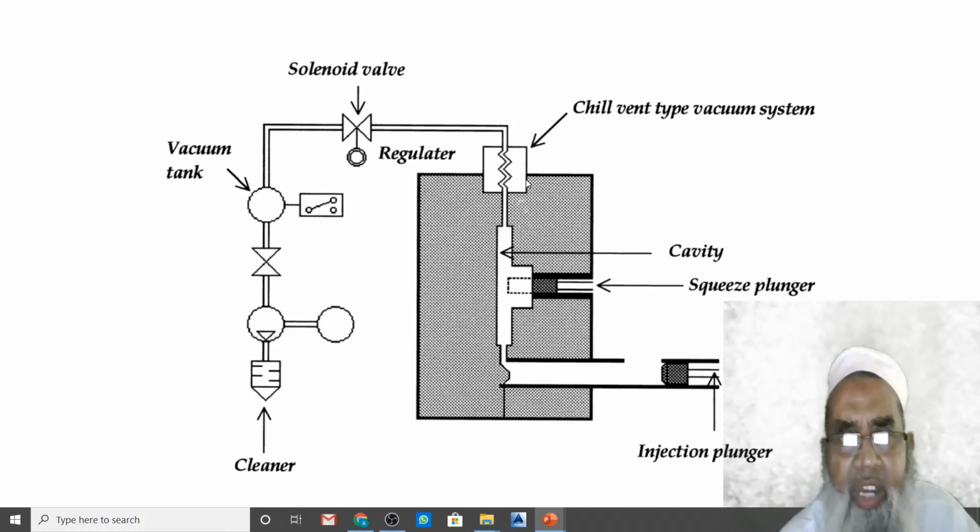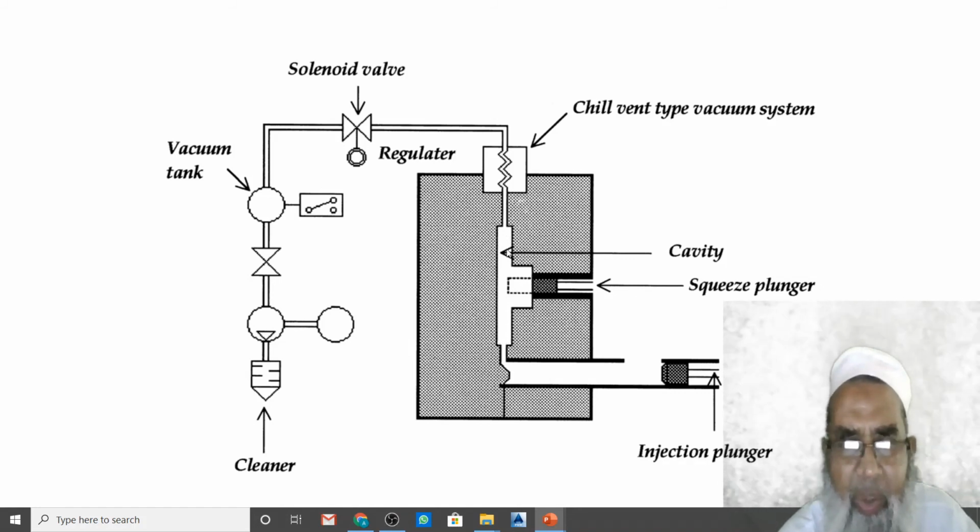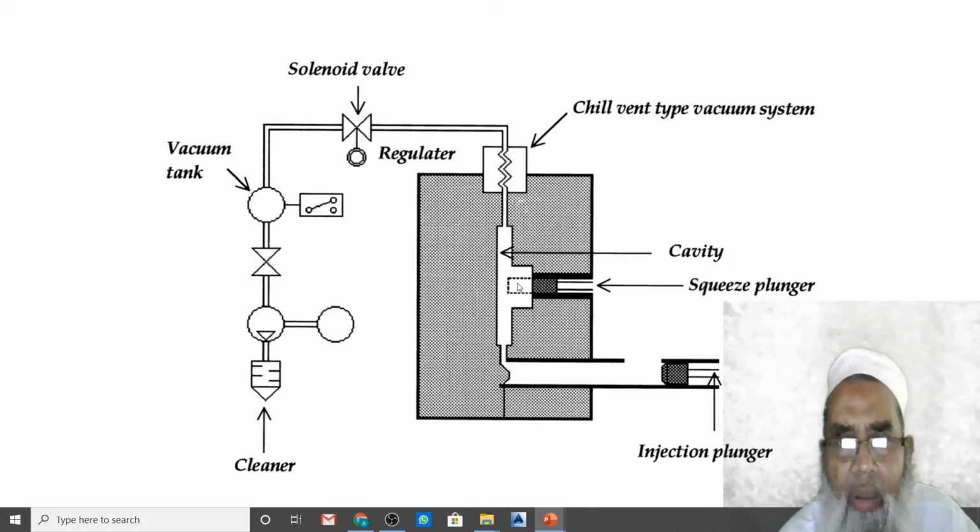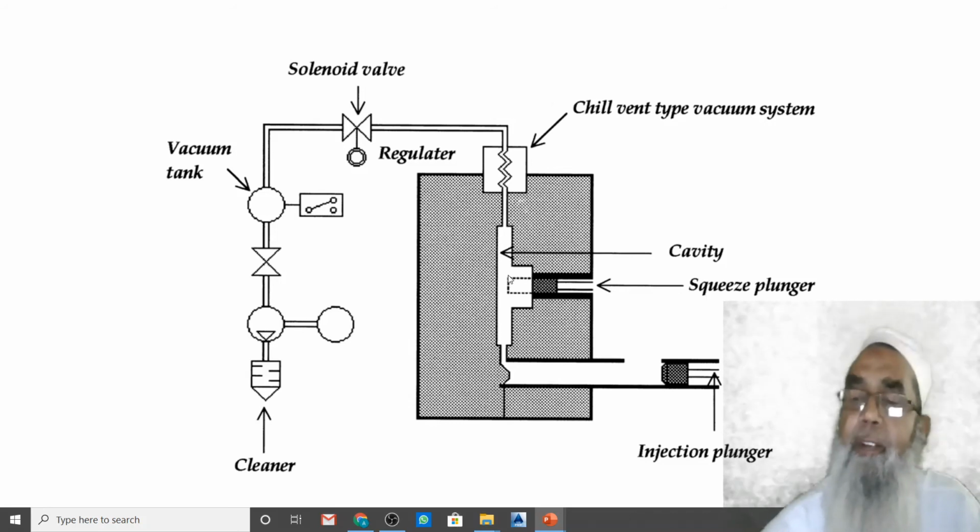Vacuum is also created so that each and every corner of the die cavity is completely filled. Moreover, during solidification, the squeeze plunger squeezes the molten metal so that you can have better solidification.